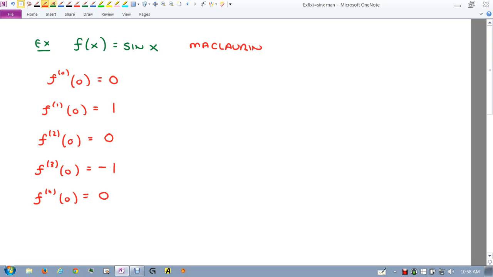That means that sine of x can be rewritten as the sum from n equals 0 to infinity of the nth derivative at 0 over n factorial x to the n. Let's go through these again. Plug in 0, what do you get? 0 over 0 factorial x to the 0.